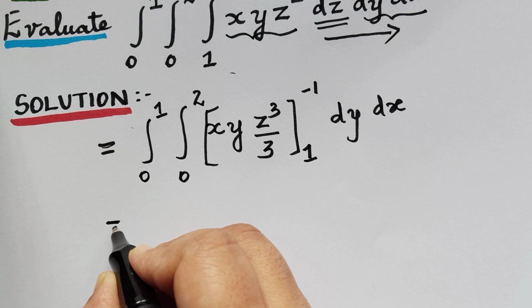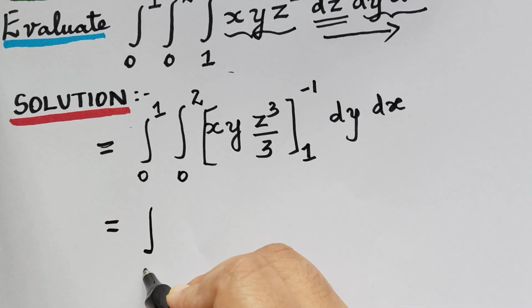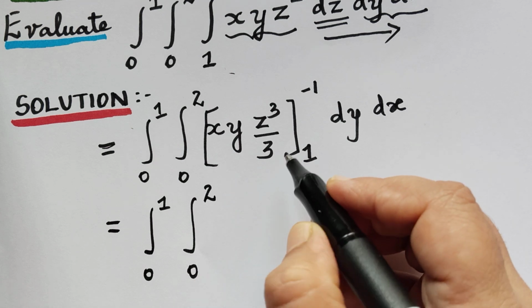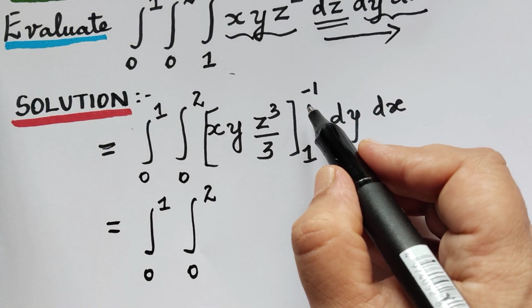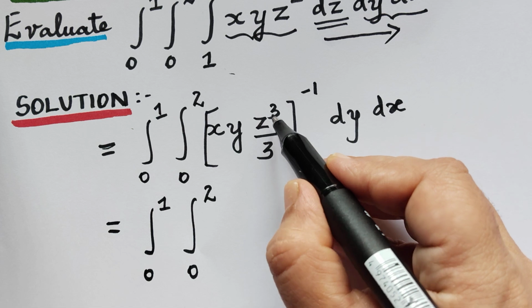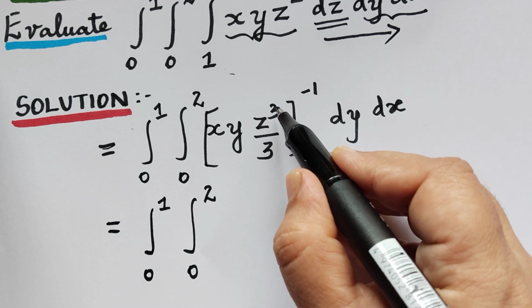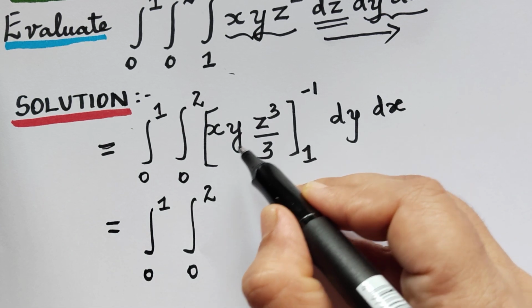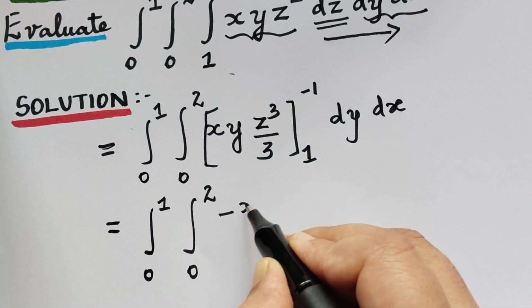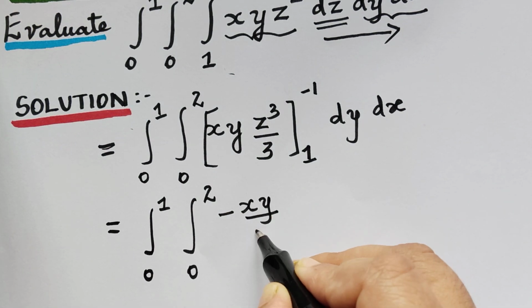Now we have to apply the upper limit minus the lower limit. So this integral will be equal to 0 to 1, integral 0 to 2, and when we apply the upper limit, at the place of z, we have to put minus 1. Since we have z cube over here, minus 1 cube is minus 1 only. So the first limit when applied, we get minus xy by 3.